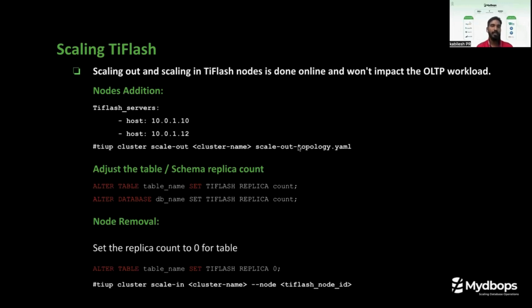It won't impact your cluster. You can also adjust your replica count accordingly, and add more tables as well. To remove a particular node, meaning you don't want TiFlash, you can set the replica count to 0 and scale in your cluster by removing the particular TiFlash node. You can also monitor the replication with the table we mentioned, information_schema.tiflash_replica.